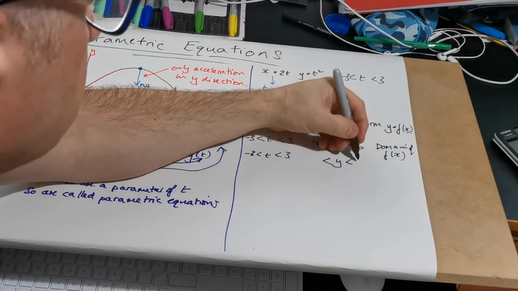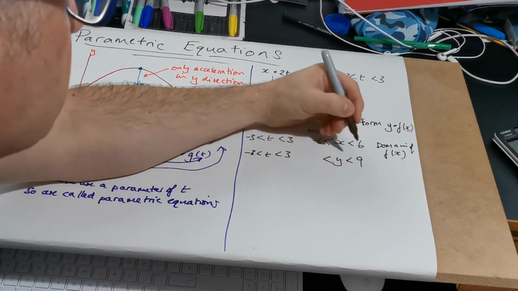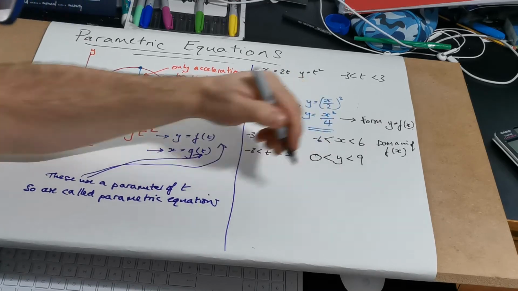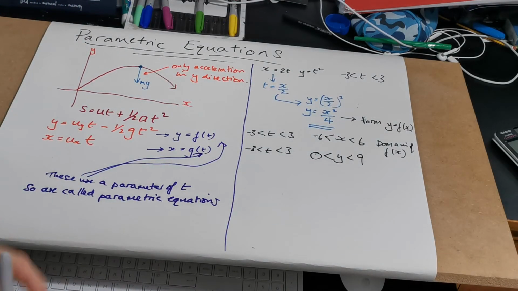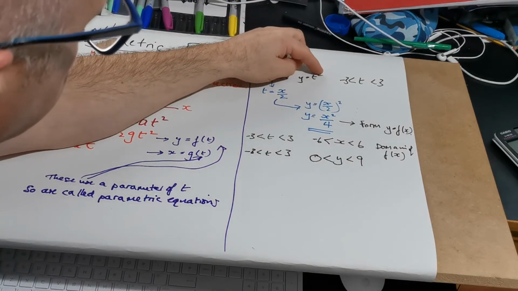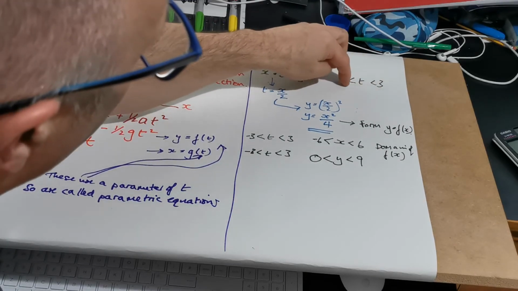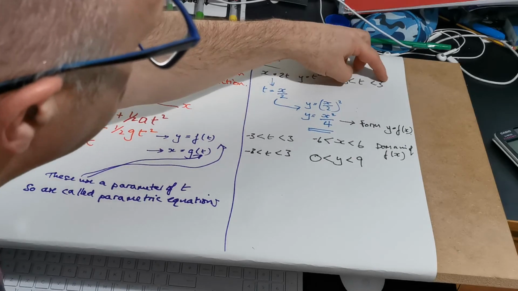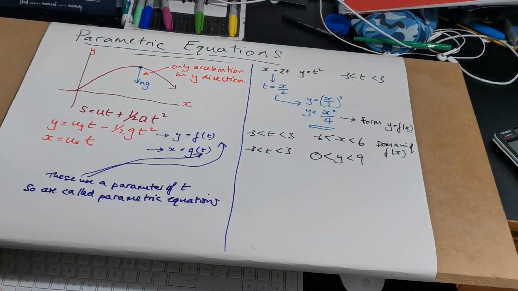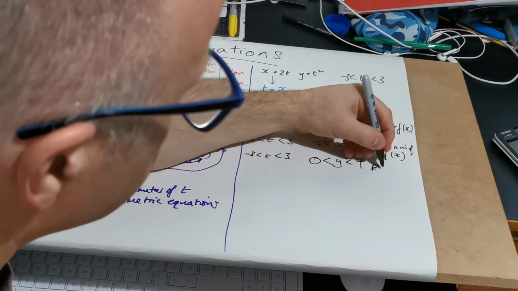Both of those being 9, but actually y goes from 0 up till 9, because anything squared can never be negative, and all these values in between -3 and 3, if you square them, they come to 9.